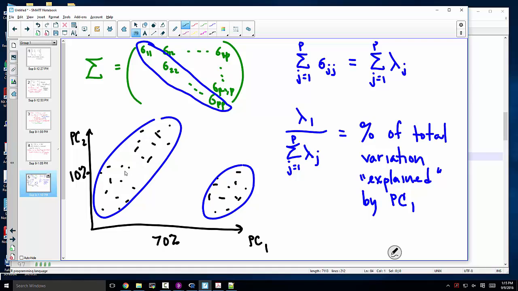These individuals are different from those individuals in terms of their p variables. And then with less emphasis, because the vertical direction explains less variance, you could look at the vertical direction as well. Not a whole lot that's interesting in the vertical direction in the picture I just drew. So we can look at a picture like this, and one more thing, and then we'll see data.